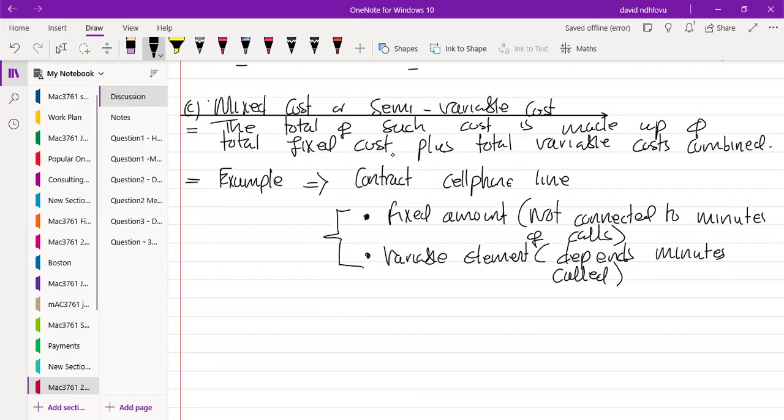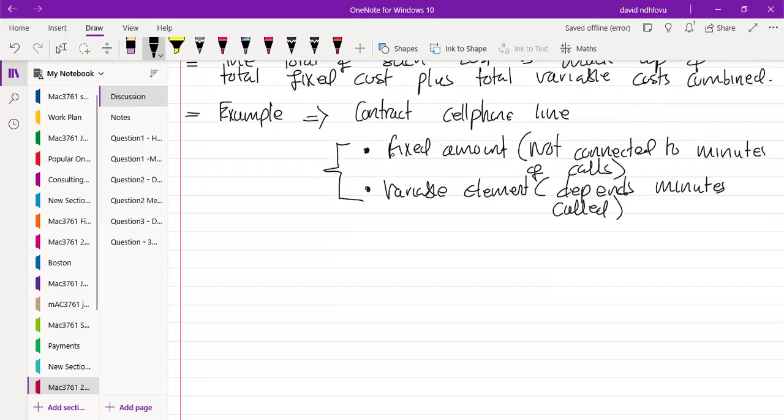Or if we want to do cost profit volume analysis, the calculation of break even and similar calculations, it is important that we are able to actually unbundle a mixed cost and be able to say the variable cost is so much and the fixed cost is so much. So let's look at methods, right, of separating, right, a mixed cost.